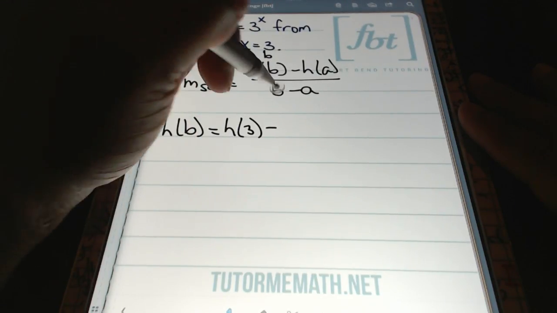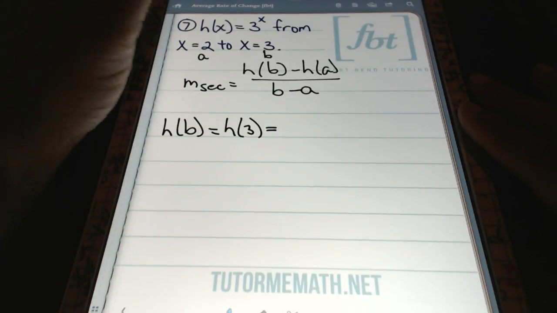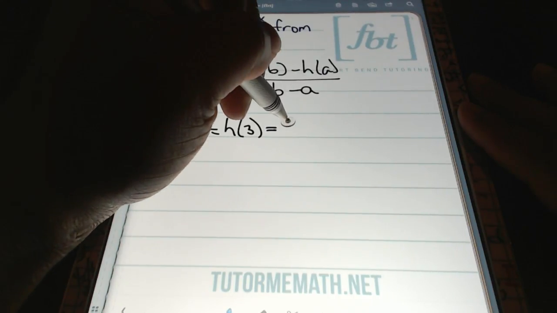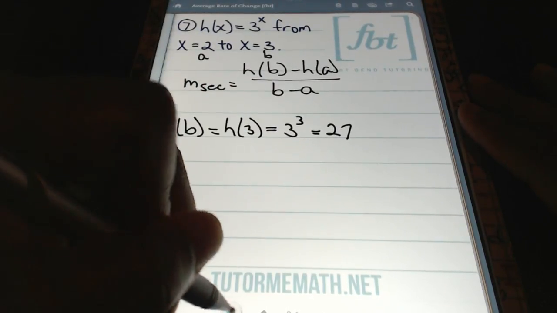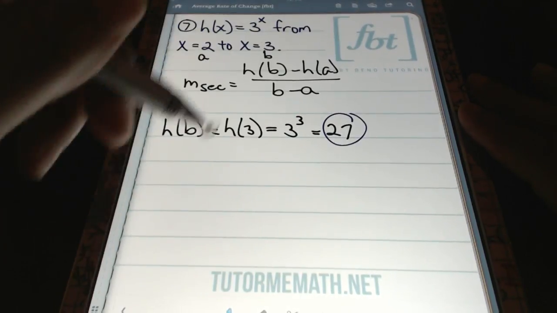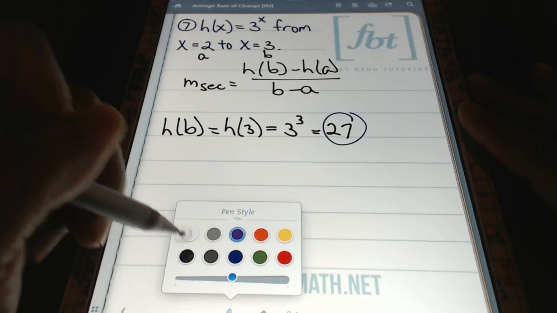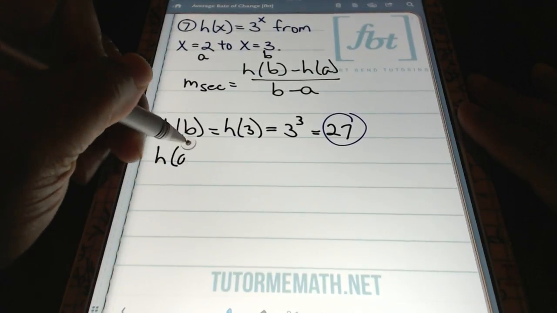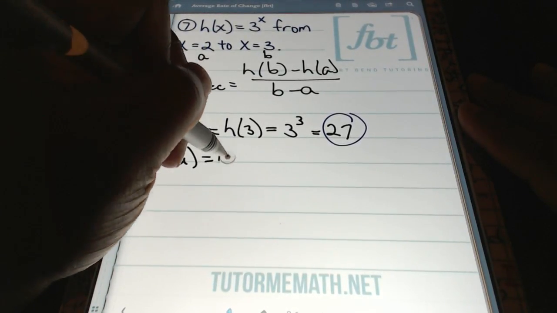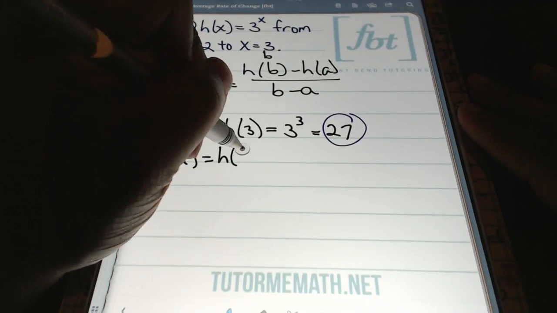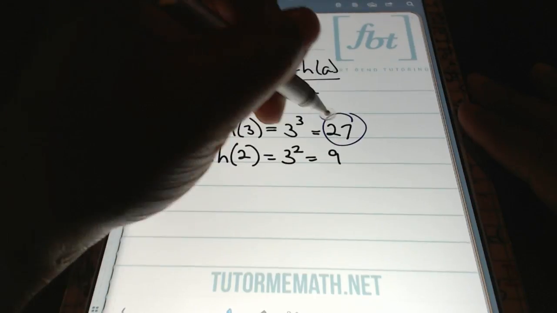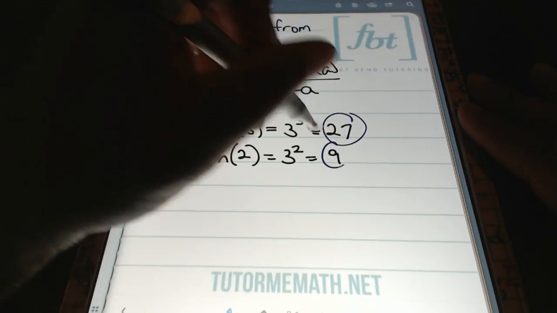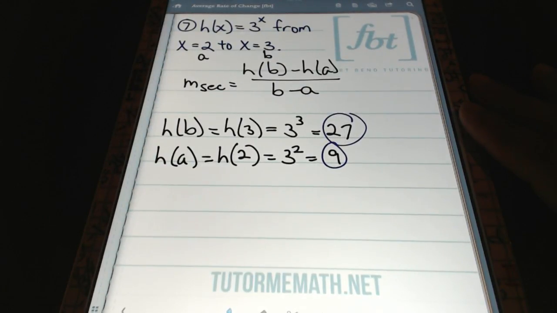So what we want to do is plug in 3 into the original exponential function. This is going to be 3 cubed, guys, and 3 times 3 times 3 is 27. We have 27 here. Moving on, we're going to be finding out what h of a is. We'll be replacing the a value there with the number 2. So we have 3 squared. 3 squared, of course, is 9. So this is going to be my h of b value. We have our h of a value.